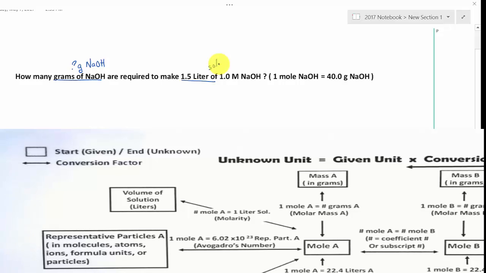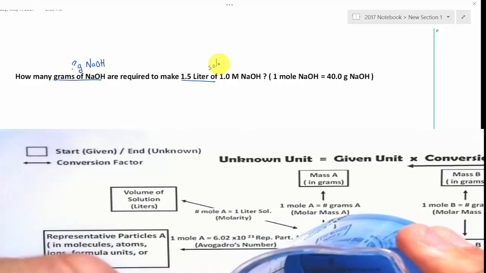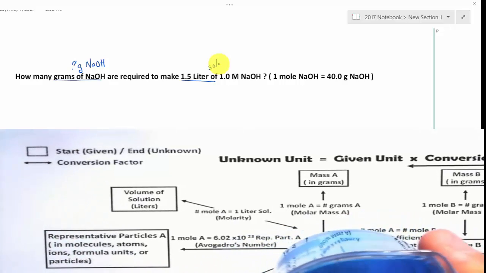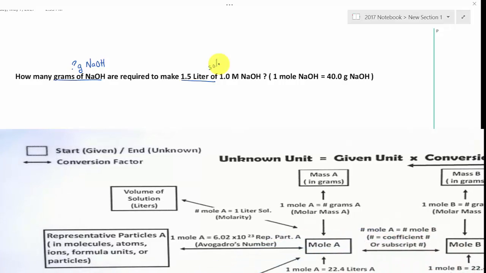Remember, we are taking a substance, putting it in water, and we are making a solution. And in this case it is the solution of NaOH with the concentration of 1.0 molarity. This right here is our given.